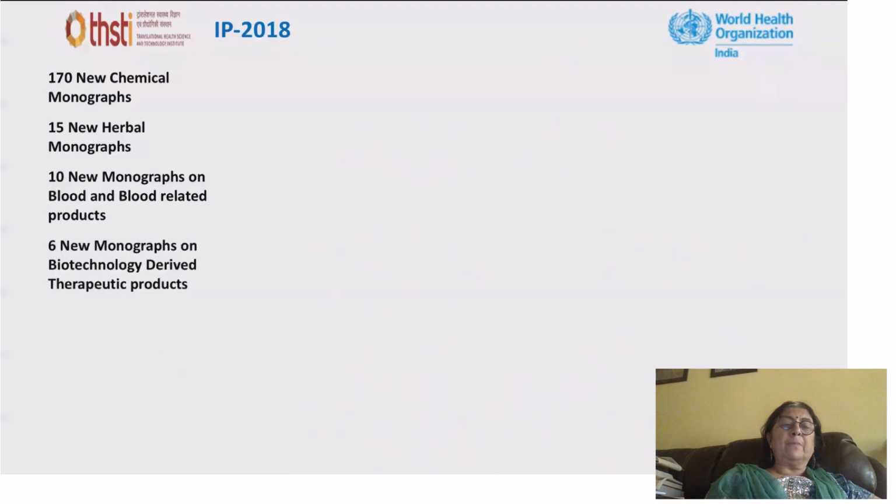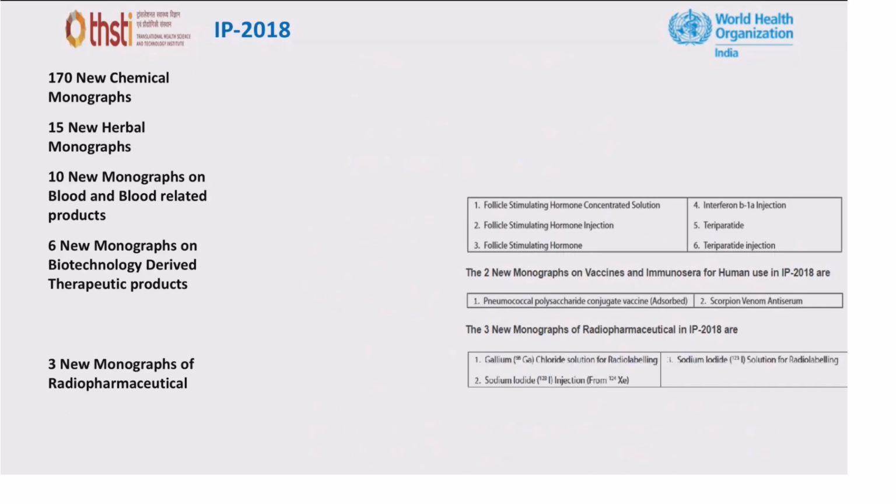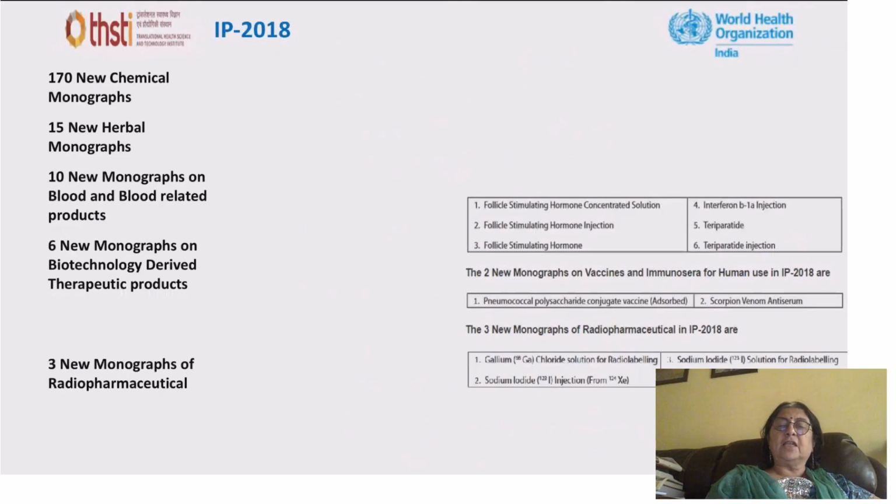Six new monographs on biotechnology-derived therapeutic products, and 3 new monographs of radiopharmaceuticals. For example, the biotechnology-derived products including FSH, concentrated solution, FSH injection, and FSH itself, and so on.